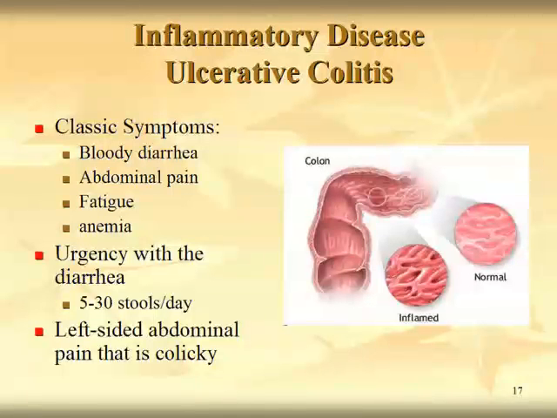It typically affects about 500,000 people in the United States each year, and the age at onset is typically a younger population. Between 15 and 35 we see it most commonly diagnosed, and then there's another age bracket between 50 and 70 where patients once again typically get diagnosed with this disease.